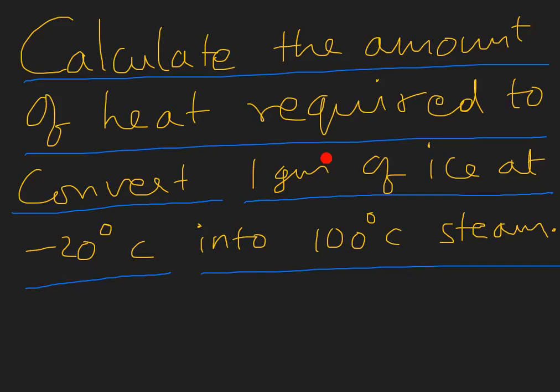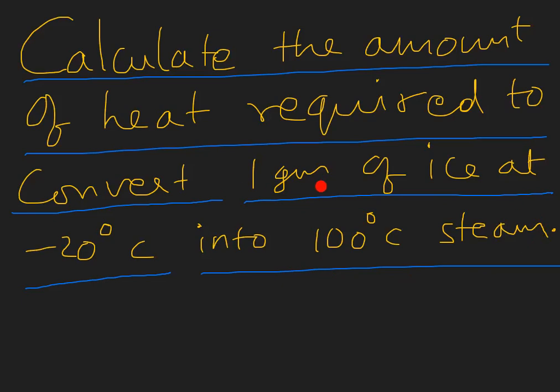How much mass of ice? 1 gram of ice is taken at minus 20 degrees centigrade. Now the target is to convert it into 100 degrees centigrade steam.